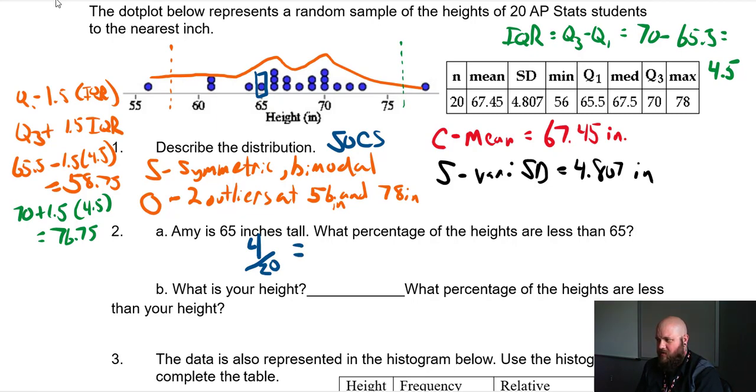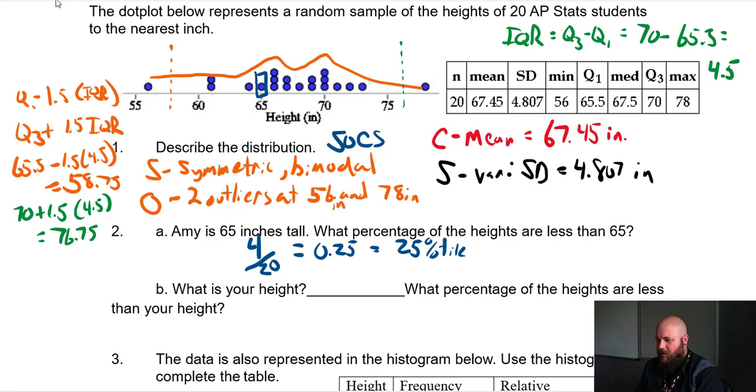And 4 out of 20 should give us 0.25, or shall we say 25th percentile. So she's in the 25th percentile, but with that, what percentage of heights are less than 65? 25% of them, right? So she's in the 25th percentile.